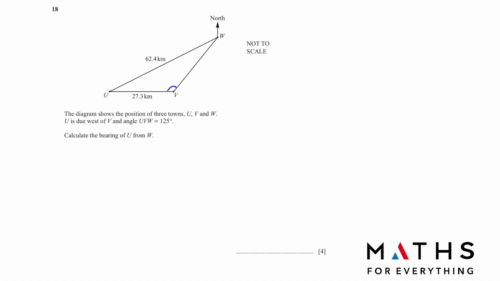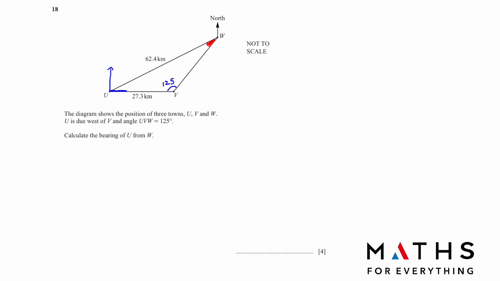So this is 125. Calculate the bearing of U from W. If you want to calculate the bearing, you have to make a straight line north. And this is the west of V. The first thing is I will need to find this angle.